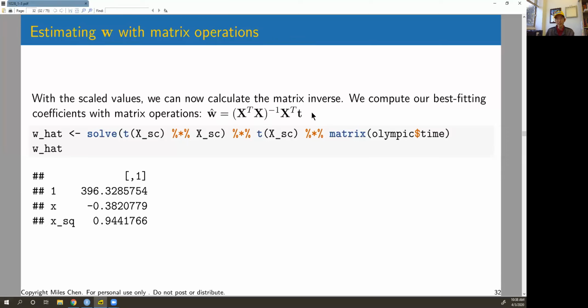Okay, and if you do work in matrix operations, I think you'll come across this, X transpose X inverse X transpose T, and you'll find that it's the same, okay? And so yes, your input matrix X changes. We went from having 2 columns to 3 columns, and so our input matrix X has changed, but our estimates W hat remain the same.